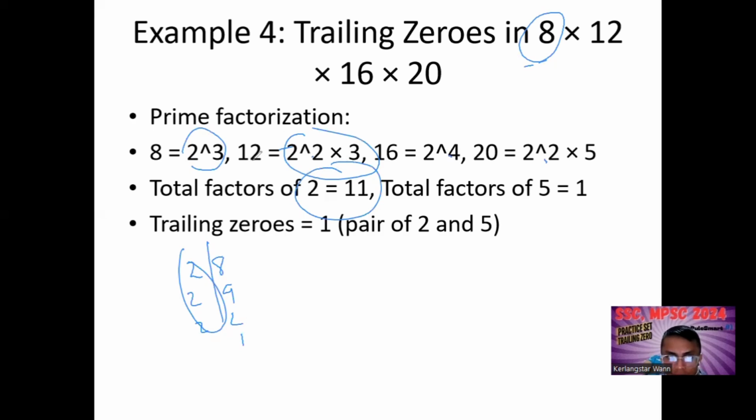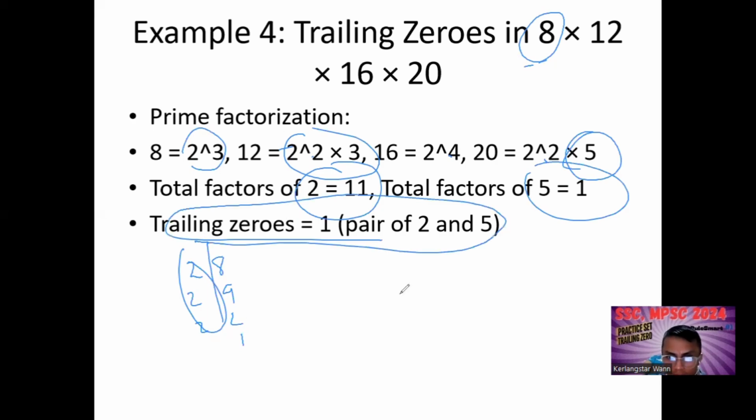Only 1 time, only here. So total factors of 5 is 1. So trailing zeros is 1. The pair of 2 and 5 happens only 1 time, because 5 came only 1 time. So the total number of zeros is 1.